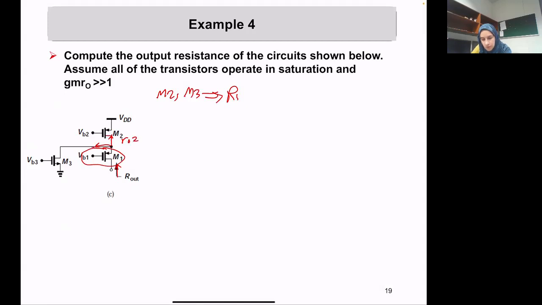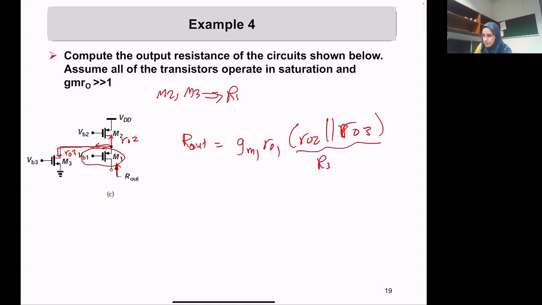And in M3, we are also looking from its drain side, so we will see R out 3. So it will be similar to the previous case: R out equals GM1 times R out 1 times R out 2, in parallel with R out 3. And this was our RS. Are you clear about it, or is there any confusion?